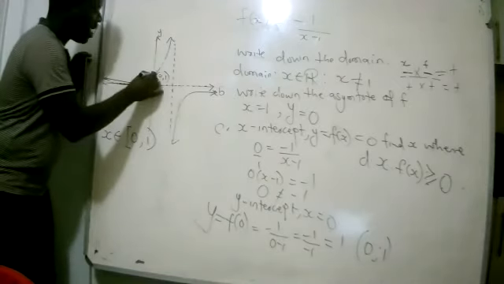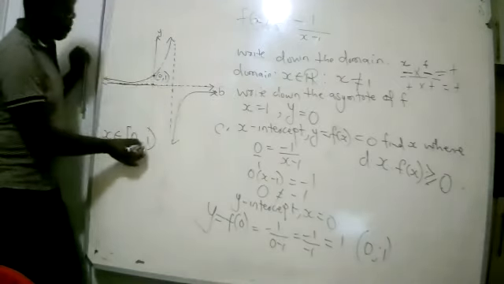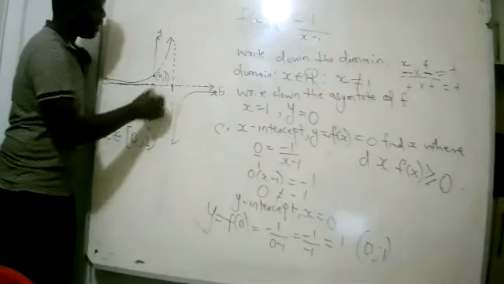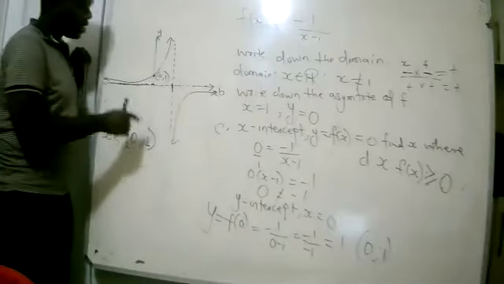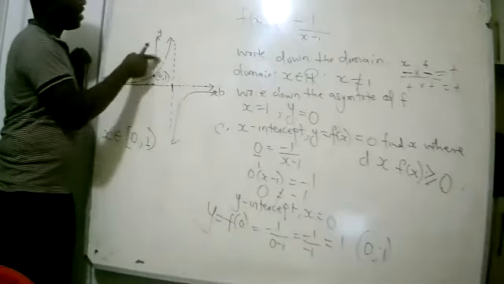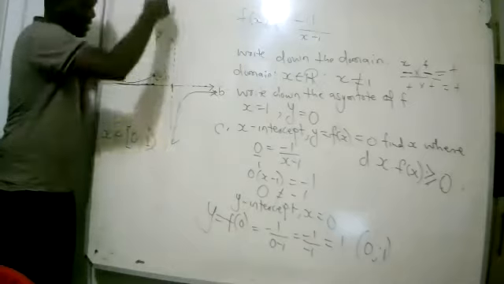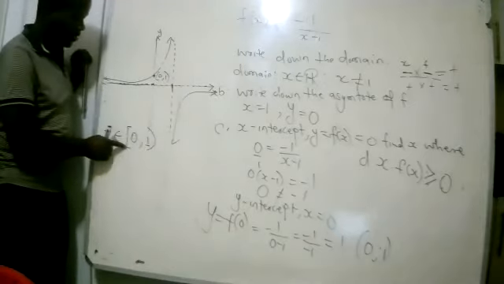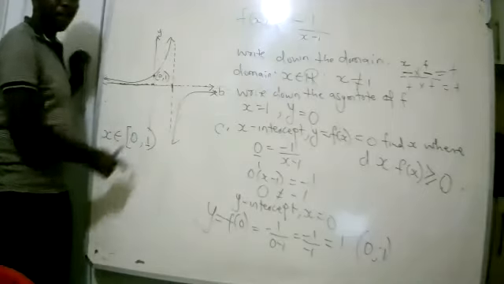So the 0 is part of the solution we're looking for. But 1, this value of 1, which is on this line, is not included. Why is it not included? Because the function f does not touch the what? The asymptote. Hence, you need to use the curly bracket. There's a difference between the square bracket and the curly bracket.